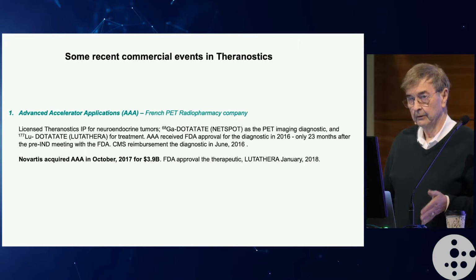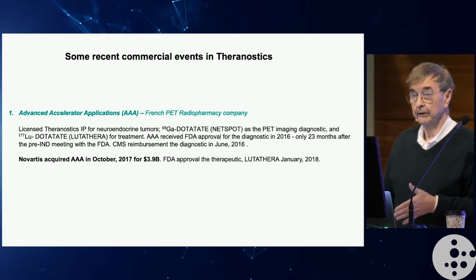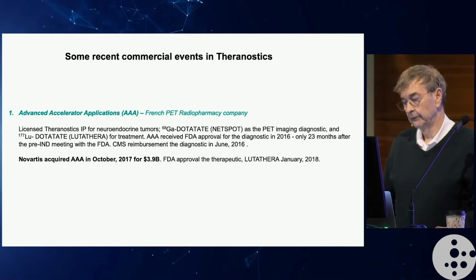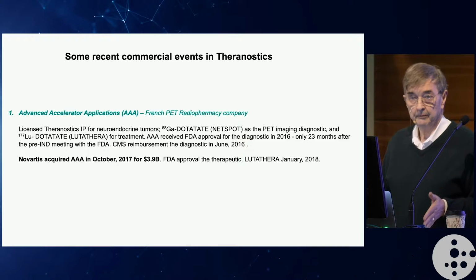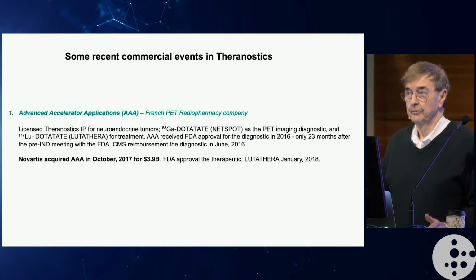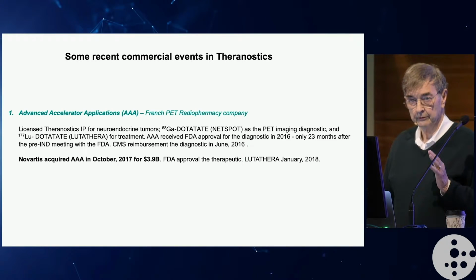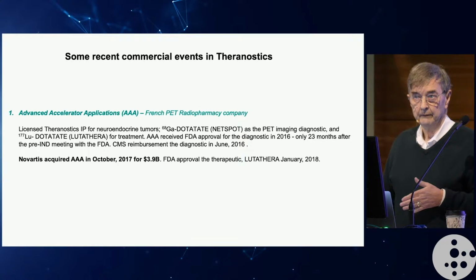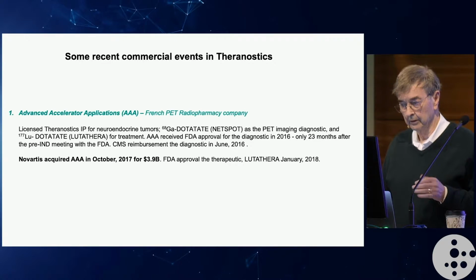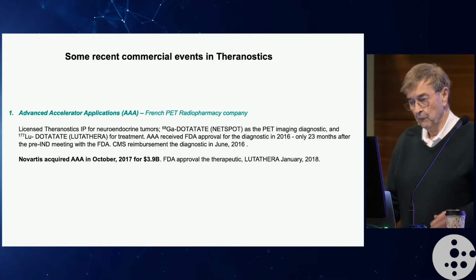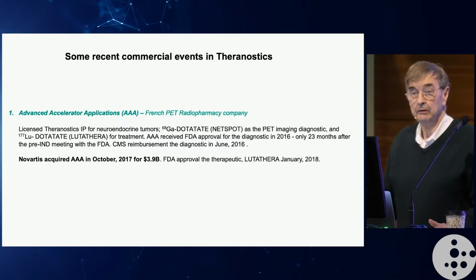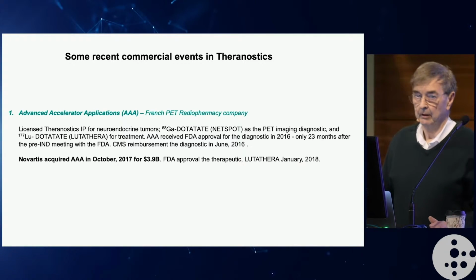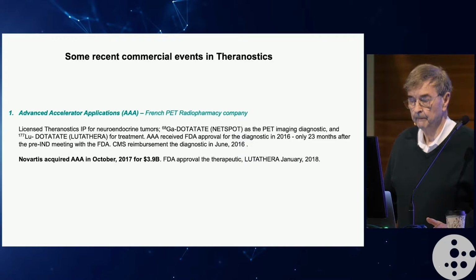Now, the diagnostic approvals are a lot easier and quicker than the therapeutics because the PET imaging probes are generally in FDA under what's called generally safe and effective. So they actually go fairly quick, small number of patients. And in 60 million clinical PET studies, there has not been one reported complication.